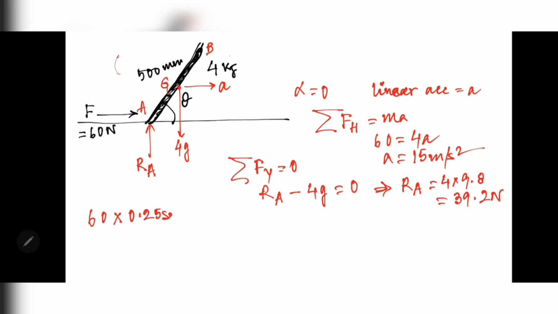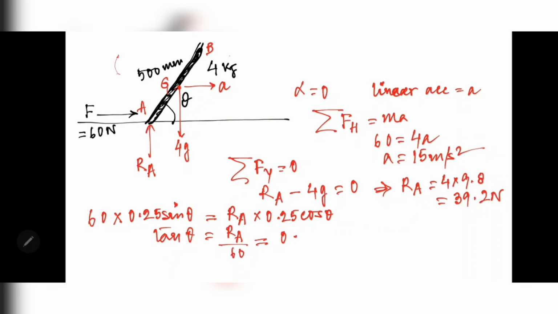0.25 sin theta equals RA into 0.25 cos theta. So tan theta equals RA by 60.